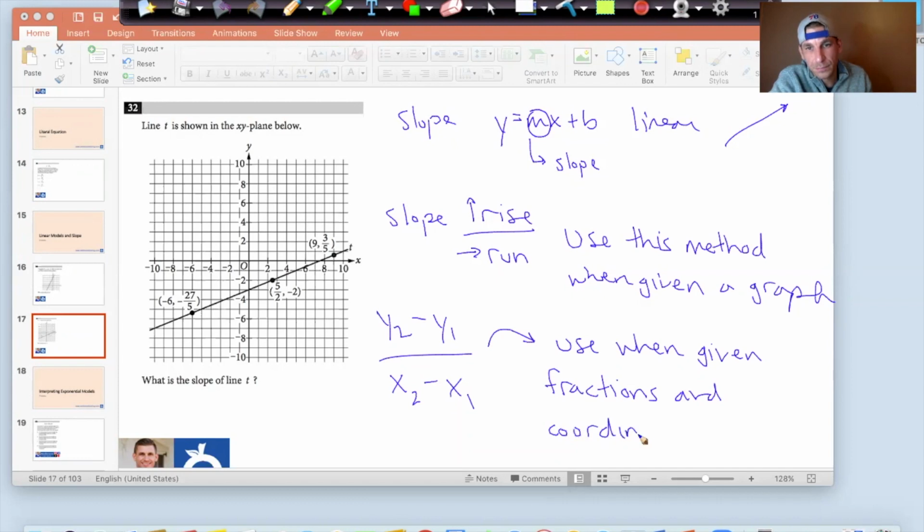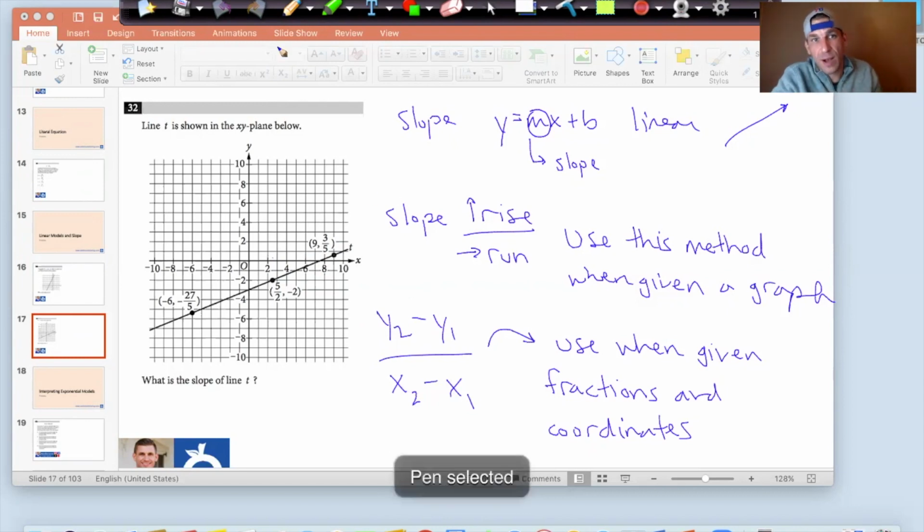Now, the reason why I'm suggesting that you're probably going to have to use this method, y2 minus y1, and not your rise over run, is because you can't necessarily count up and over really easily, right? In this aspect, that's probably not something that's going to work well for you. So instead, what I would advise is to use your y2 minus your y1 over your x2 minus your x1.